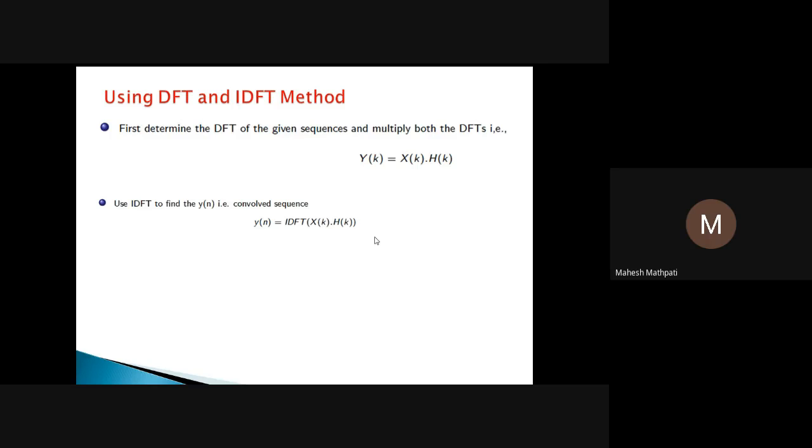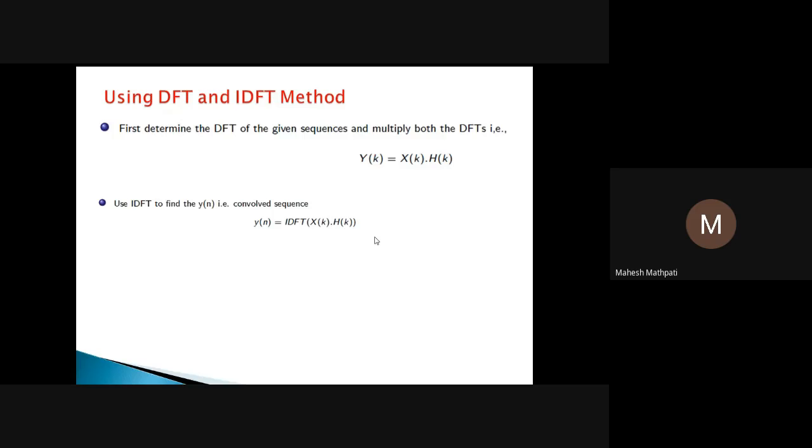Can anyone tell me the formula to calculate the DFT of the given sequence? X of k is equal to summation n equals 0 to N minus 1 of x of n e raised to minus j 2 pi upon N into nk.